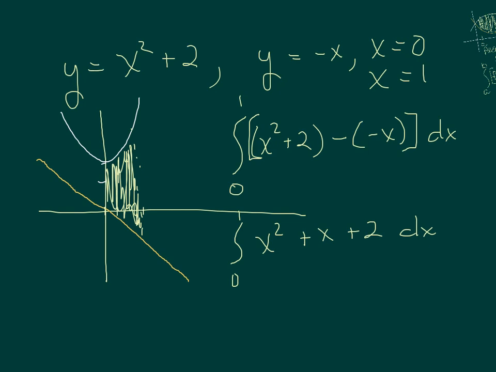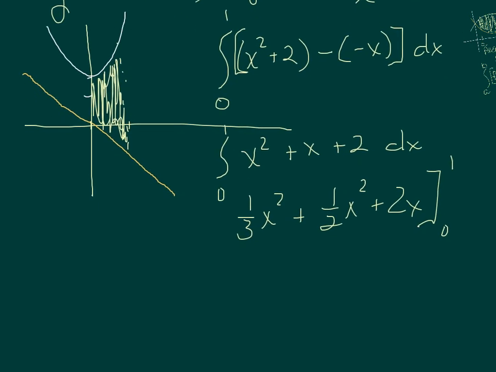So if we integrate here, what are we going to get? X cubed over 3 plus x squared over 2 plus 2x, evaluated at 1 and 0. I love it when we evaluate at 0, because then all we have to do is plug in our 1.